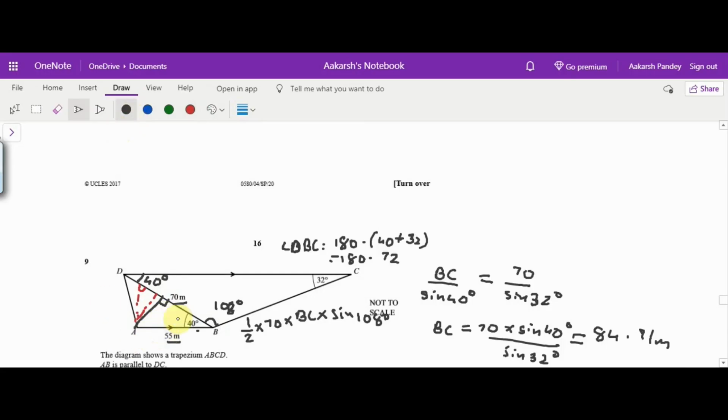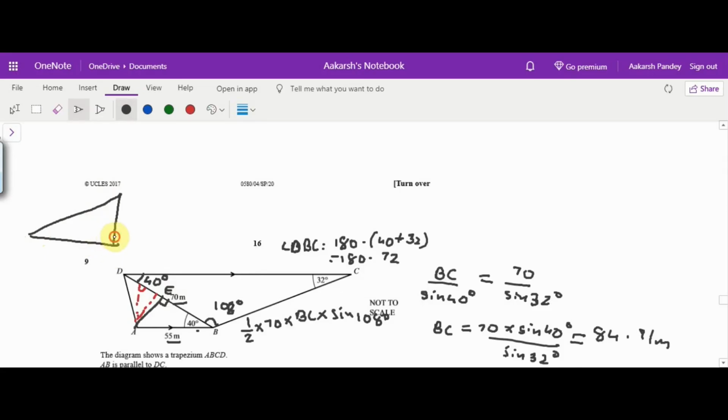So now if I see I have this angle as 40 degrees, this is my perpendicular and this hypotenuse is 55. I need to calculate this distance. Let this be E. I'll just draw this triangle over here. Assume that this is a right angle triangle.